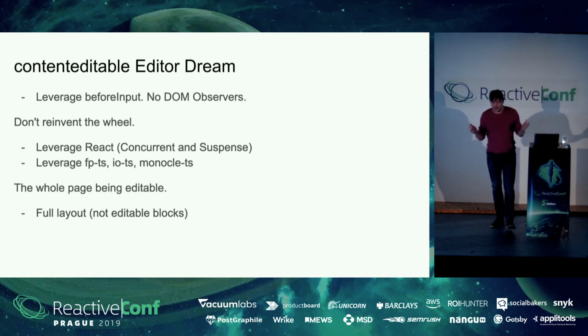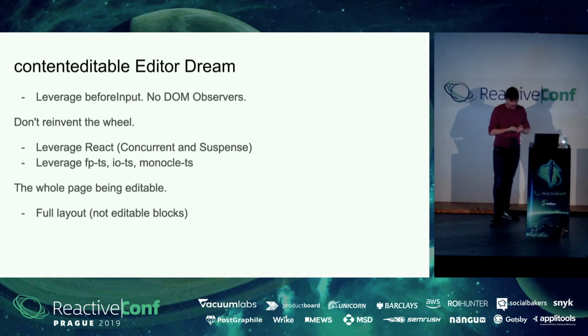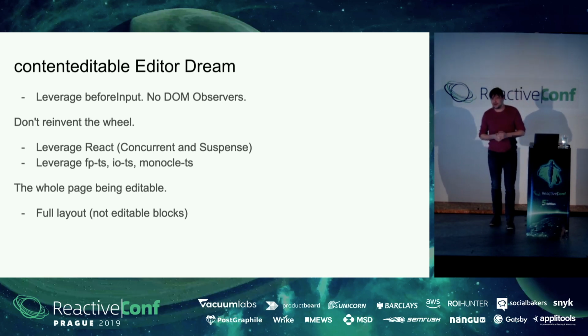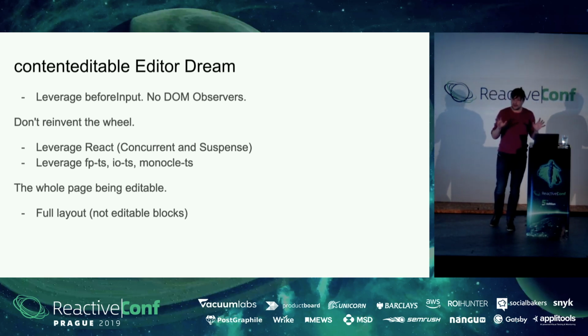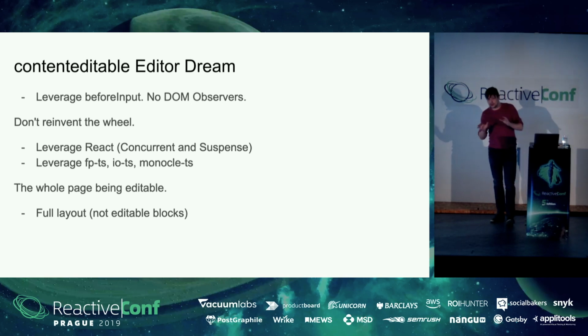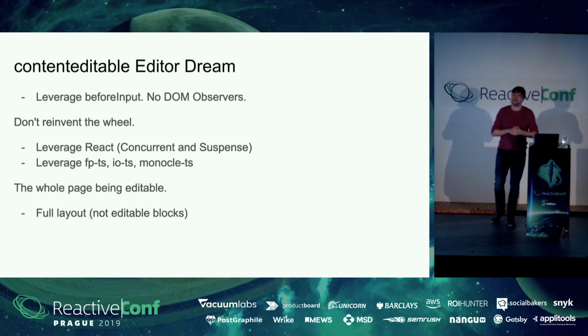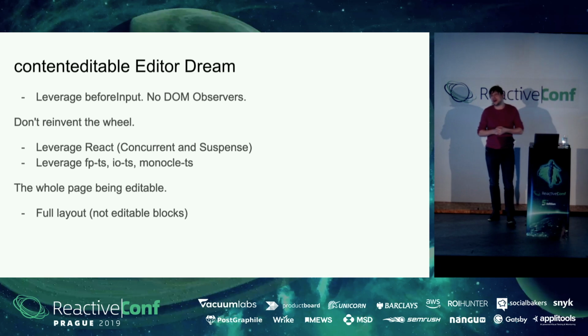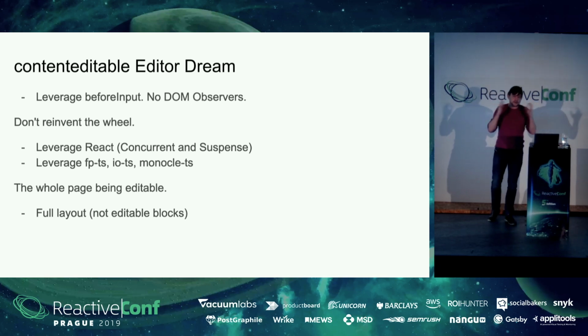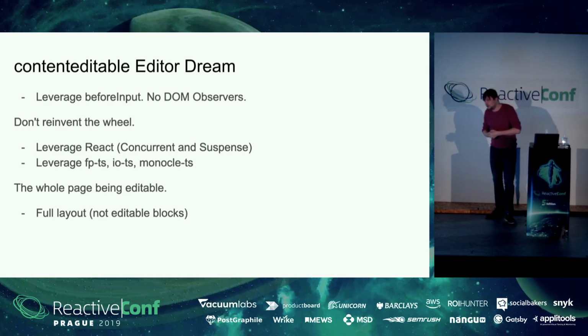Why am I doing the content editable editor? I need it for my own startup. My idea is making the whole internet editable. And it's simply not possible with current libraries, but it's possible with current APIs. So I had no other choice, I had to create something.